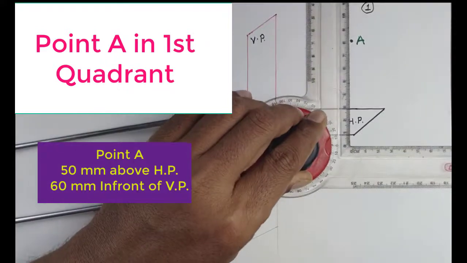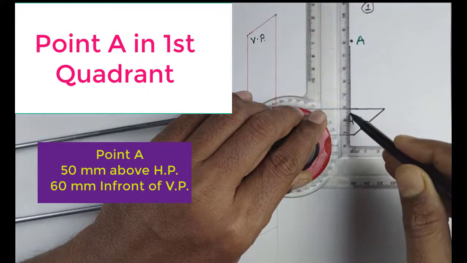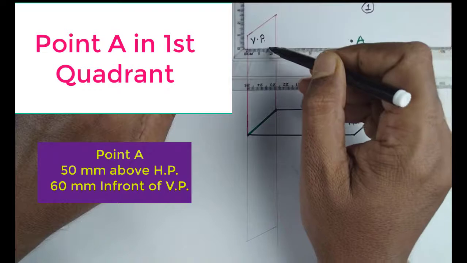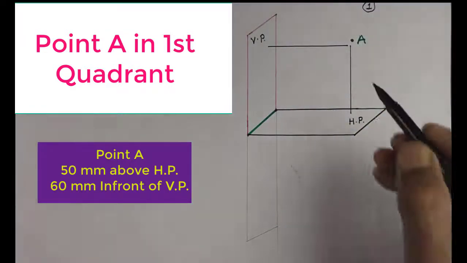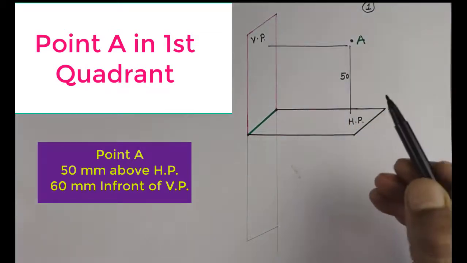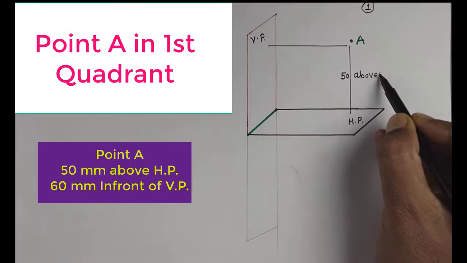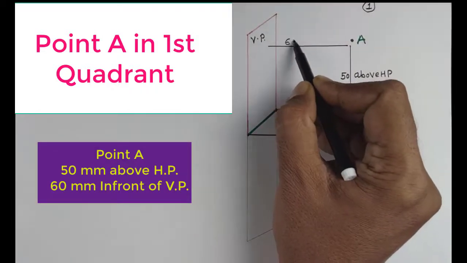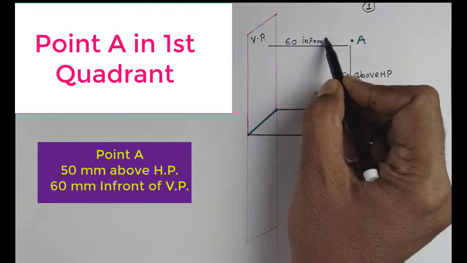So your point A is 50 mm above HP and 60 mm in front of VP.